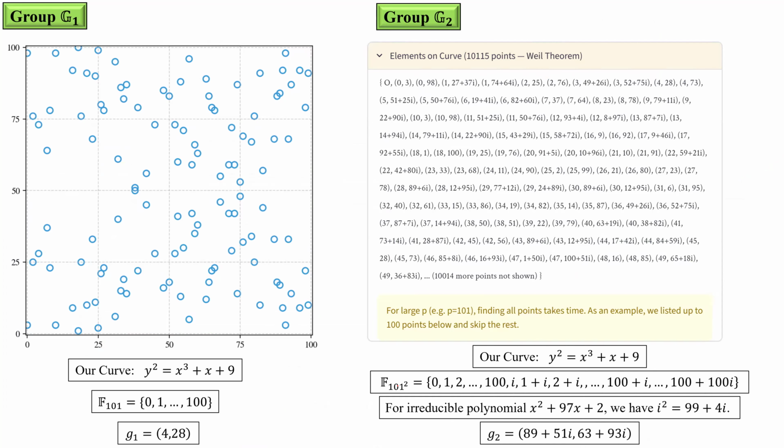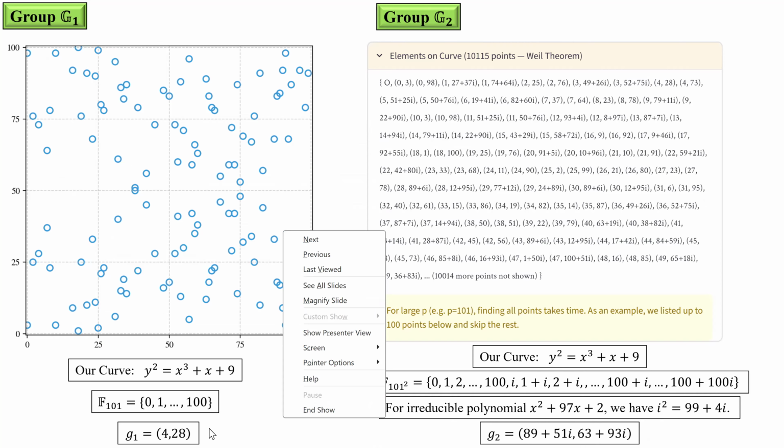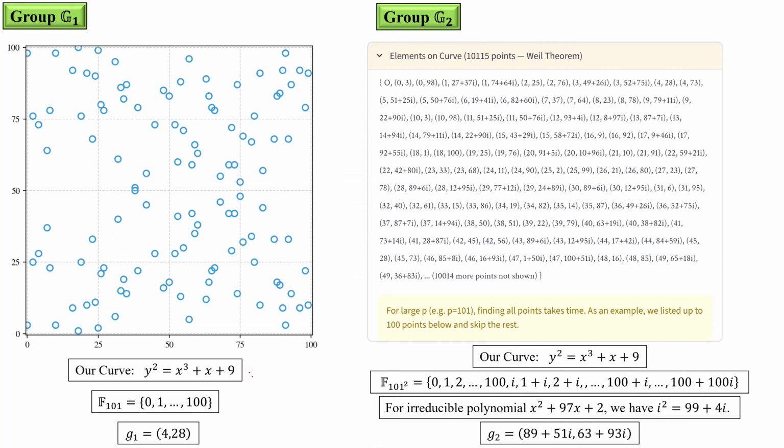Okay, now we have two groups. Let's overview quickly again. Group G1 is generated by the elliptic curve y to the power of 2 equals x to the power of 3 plus x plus 9 over the field f sub 101, and the generator of this group is 4 and 28. So maybe this one.